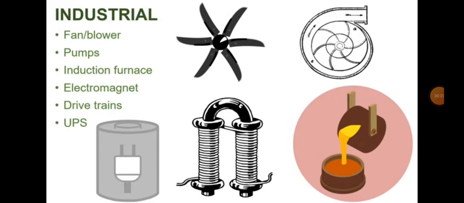To control the flow of that fluid, we will be using a damper or a valve depending on the nature of the fluid. If the fluid is gas, then we are going to use a damper, and if it's a liquid, we are going to use a valve.